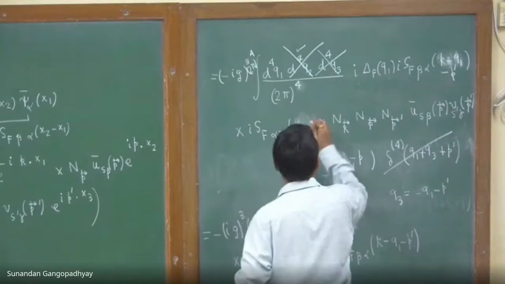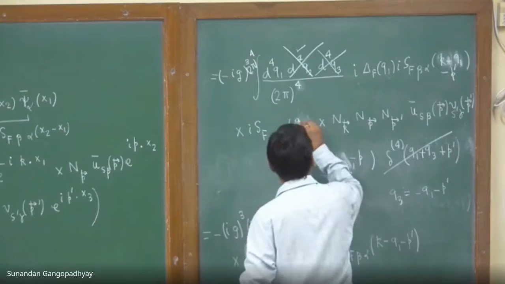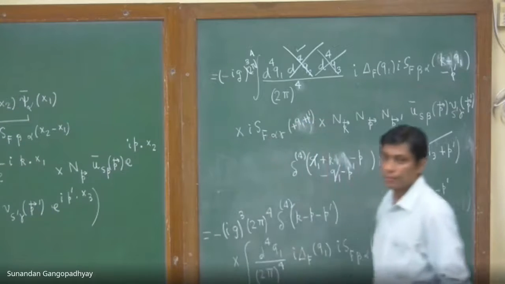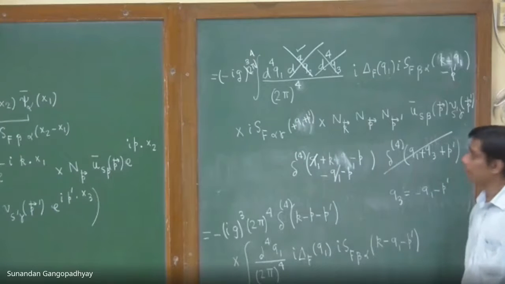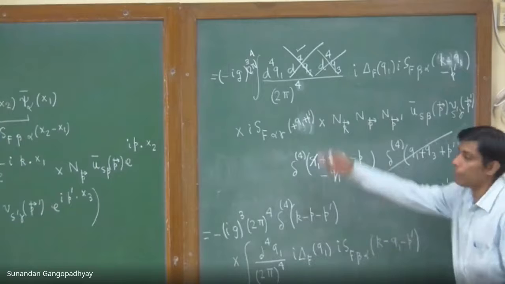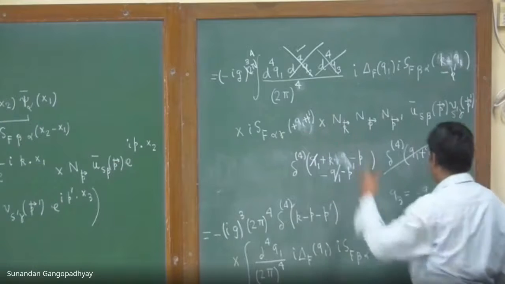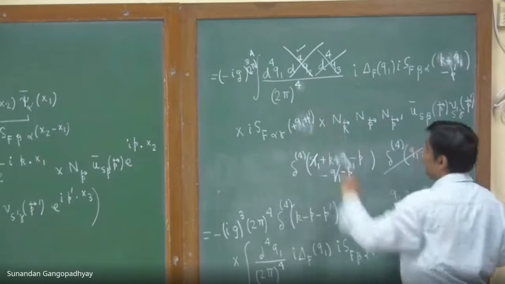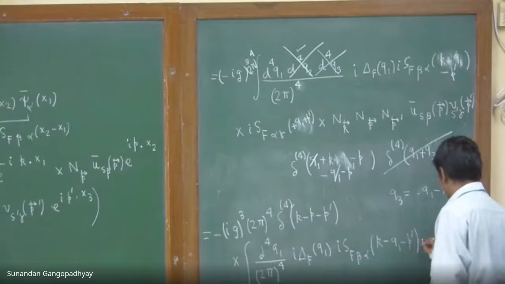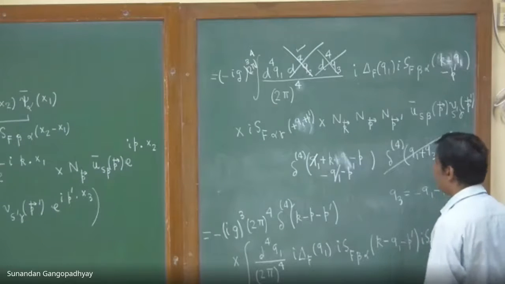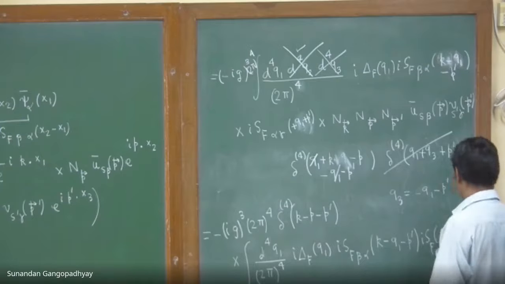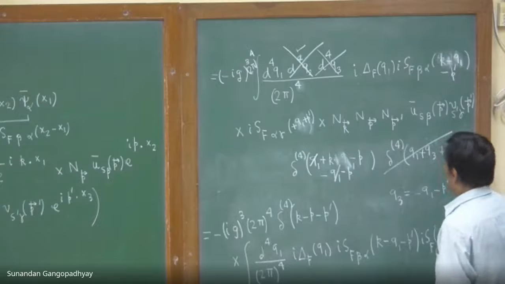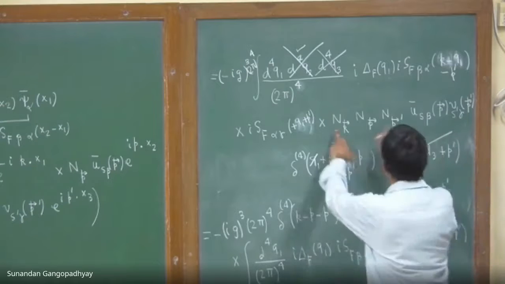This Q3 is basically minus Q1 minus P prime, to make this plus. Right? Because delta of minus x, the propagator at minus x, is basically plus of x. So Q3 here was minus Q1 minus P prime, so we replaced it and then we get plus. We have i, is F, Q1 plus P prime, and then what we have is all these factors.